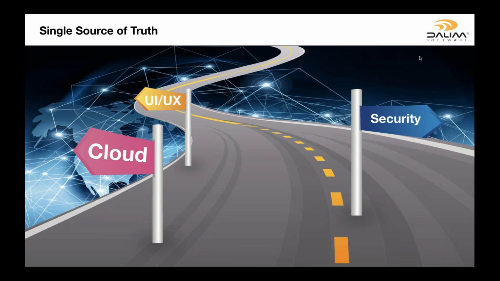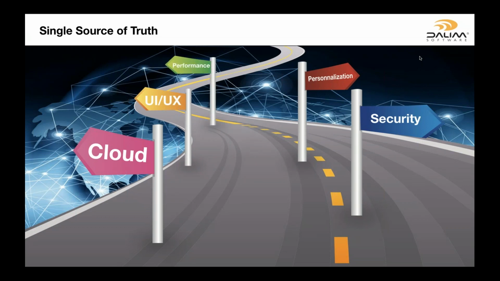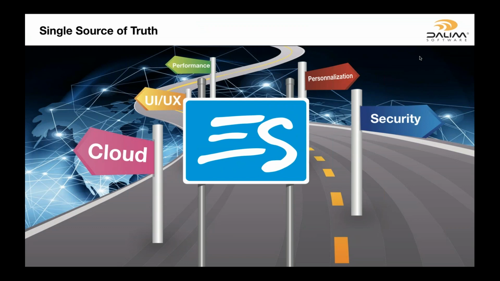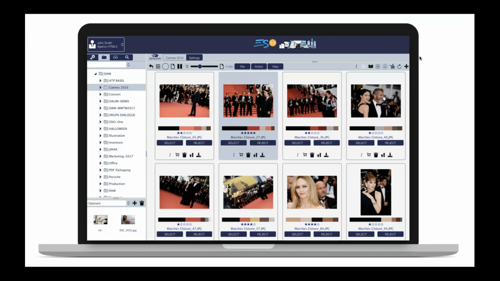Security is so much more important, especially in Europe with the GDPR since the last months. It's all about the user experience too. It's so important, and we'll see that later on. Personalization, and today we can even call that mass personalization, in order, at the end, to get a performant DAM system to manage any type of large files. And this is a clear representation of our goals today.